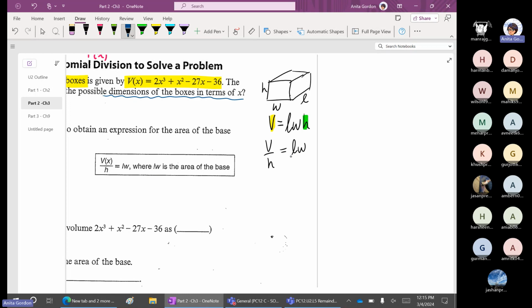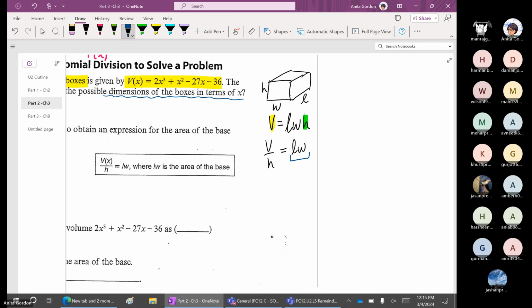What kind of an equation should I expect from L times W? What kind of equation? The volume is a cubic. I divide the volume by the height.